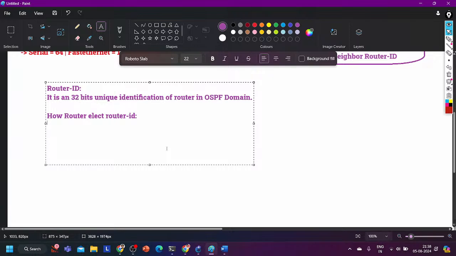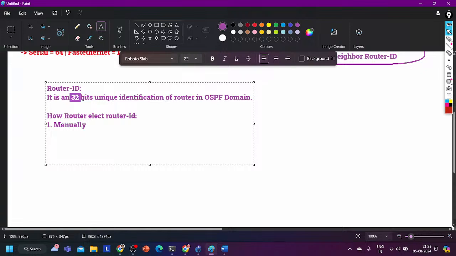We have two options, guys. To configure an IP address on a device, we have two options. Either I can configure manually or I can configure what? DHCP. In the same way, to configure the router ID on a router, we have two options. First one is manually. Manually you can configure, this is your router ID, right? I can say, router 1, listen, 1.1.1.1 is your router ID. As it is 32 bits, the representation is also in the format of an IPv4 address, right?